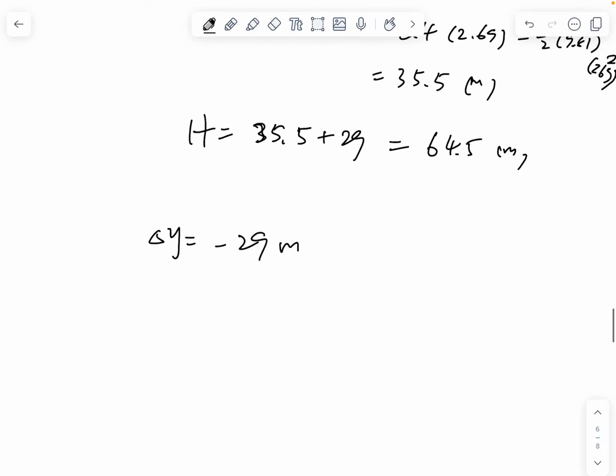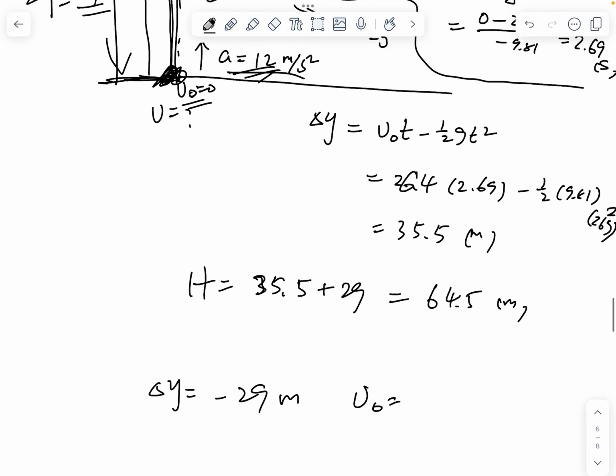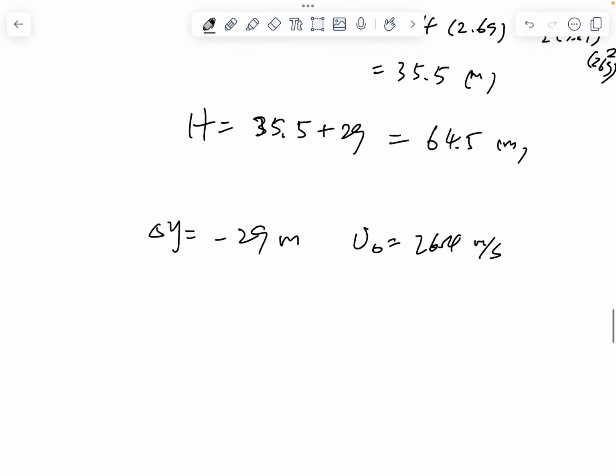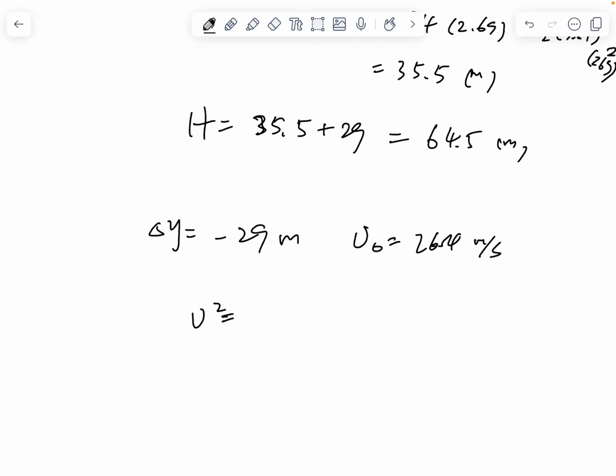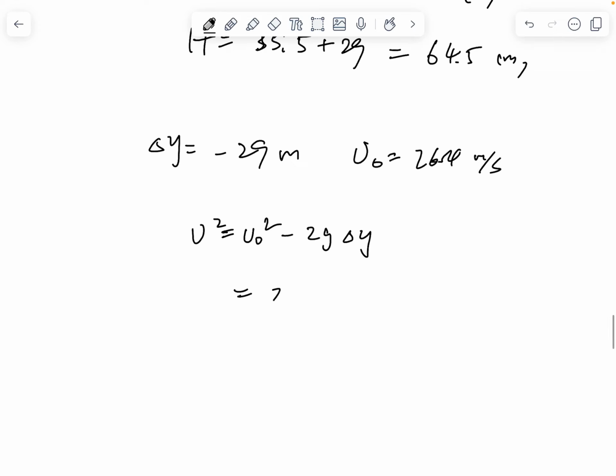All right, so we know the displacement, and the initial velocity is 26.4. That's enough. So we use this equation: v squared equals v naught squared minus 2g delta y. v squared equals 26.4 squared minus 2 times 9.81 times negative 29.